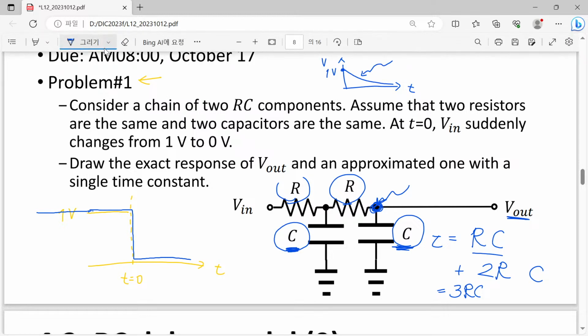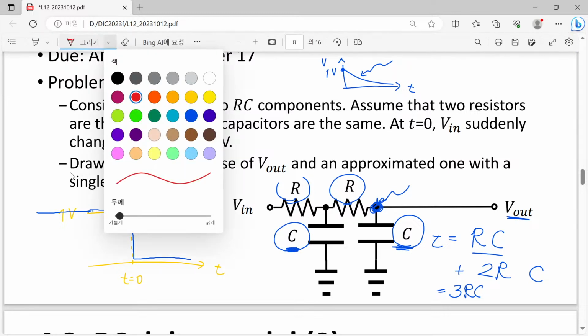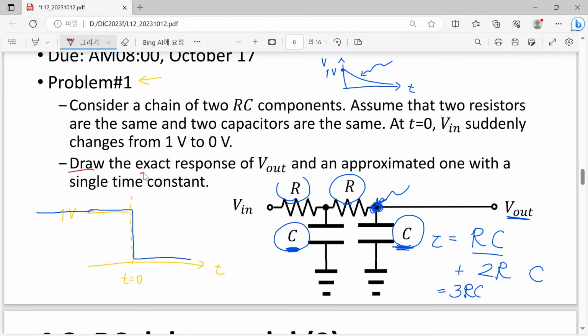So the real problem in this homework number 4 is, please draw the exact response of V out. Since you have just 2 unknown variables, you can solve it analytically. So first solve this system analytically and draw that analytic solution here together with this approximation.